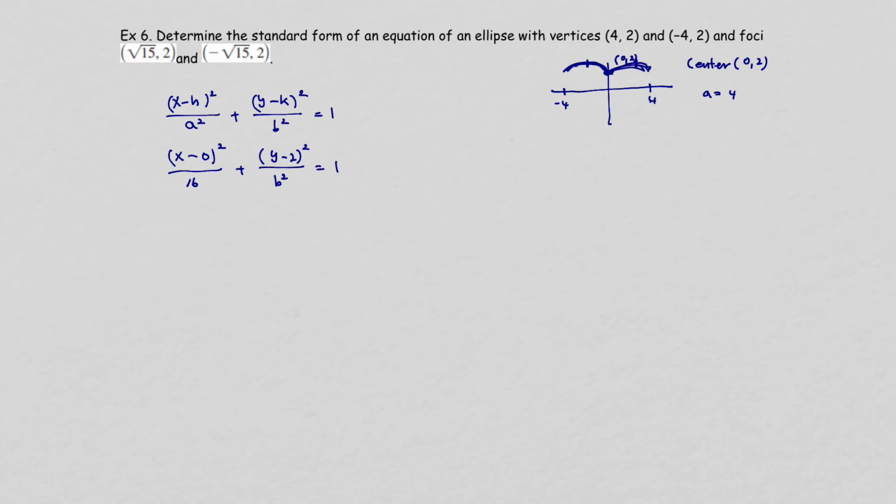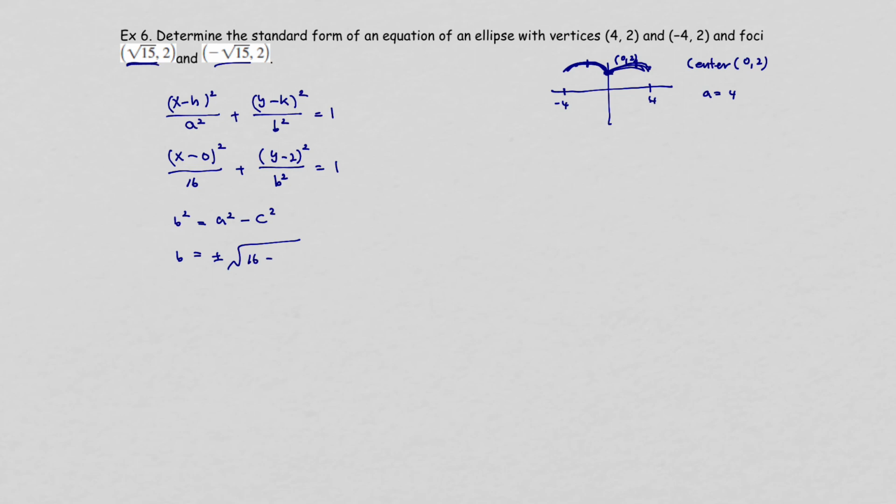What else is given? We have c given, which is that, right? So using b squared equals a squared minus c squared, we should be able to find our b value, right? So your b is going to be plus minus square root of a squared minus c squared.